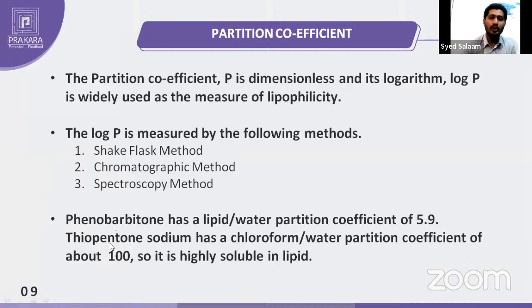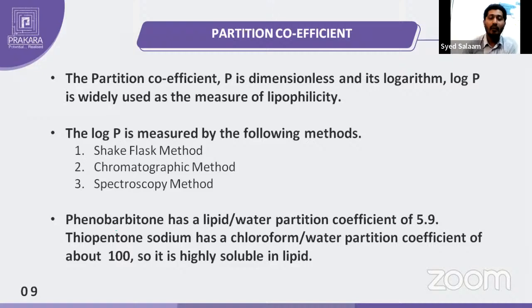lipid layer. Here, when we take the log of the partition coefficient, as I have said, lipophilicity will be defined through it. So log P will be the measure of lipophilicity, how much drug is able to dissolve in the lipid layer.